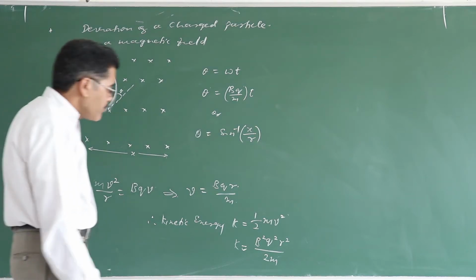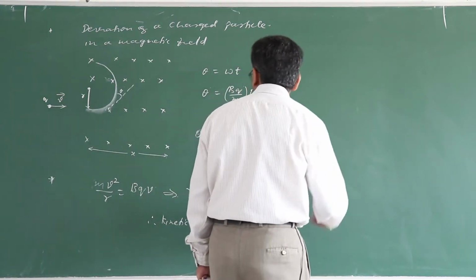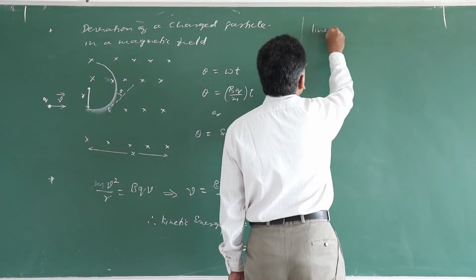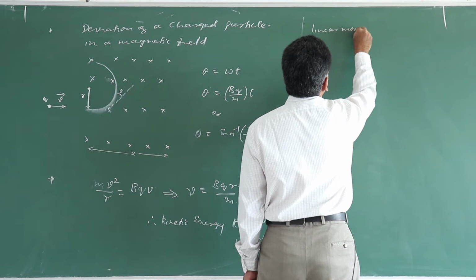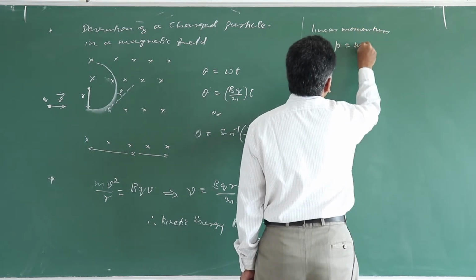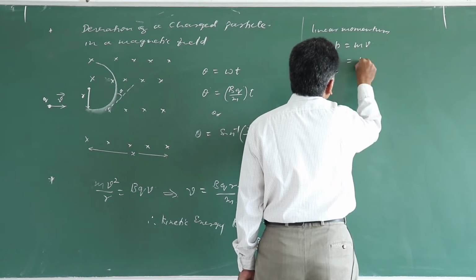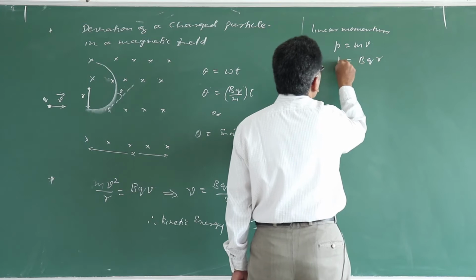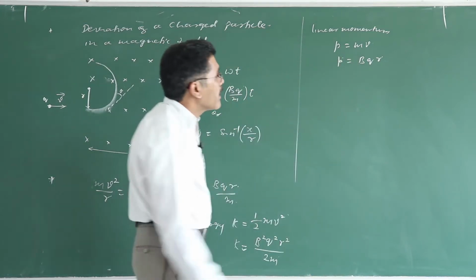Similarly, if you want to calculate the linear momentum of the charged particle, it is given by P is equal to m into v. See, this is equal to B into q into R. This is the linear momentum.